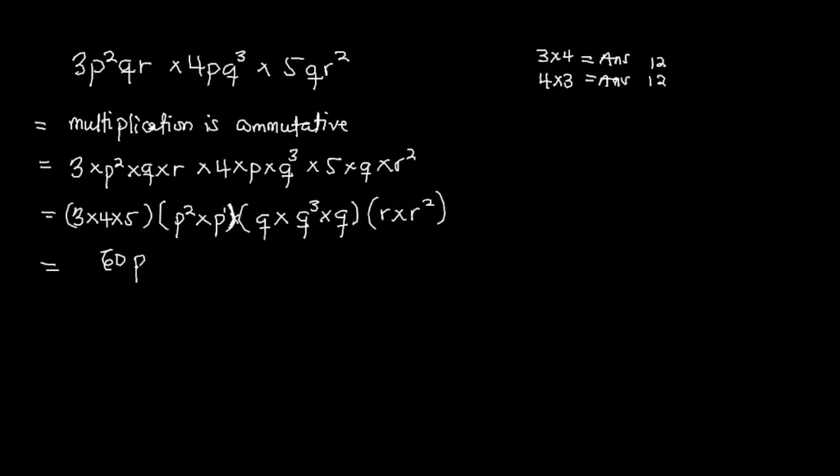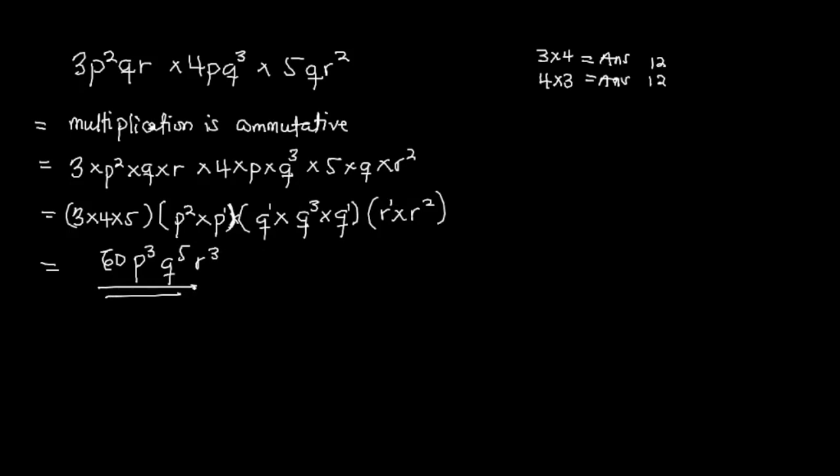So this becomes p cubed. Then I have q cubed, q. So this is power 1, power 1. So I just add the powers, that will give me 5. 1 plus 3 plus 1 will give me 5. So this becomes q power 5. Then I have r, this is power 1, this is power 2. So r power 3. So this becomes my answer.